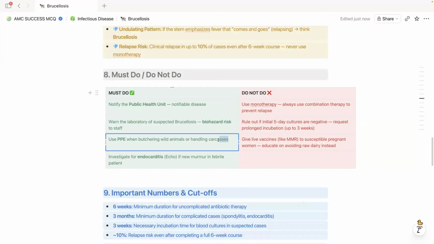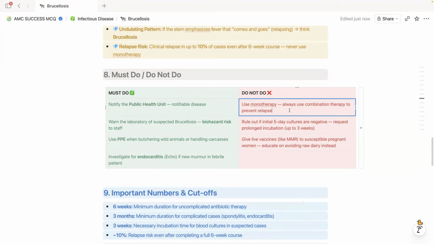Investigate for endocarditis: we should do an echo if a new murmur appears in a febrile patient. Don't use monotherapy; always use combination therapy for prevention of relapse.